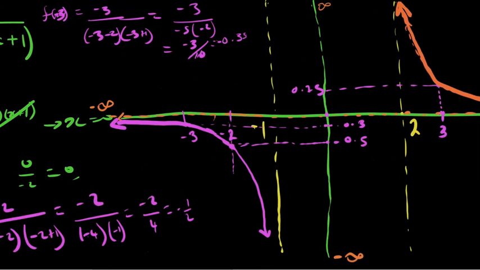Now what's the behavior between the vertical asymptotes, in the region between minus 1 and 2?